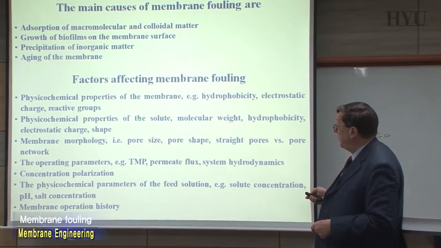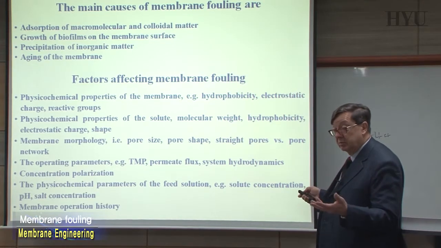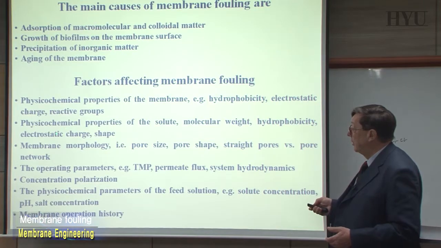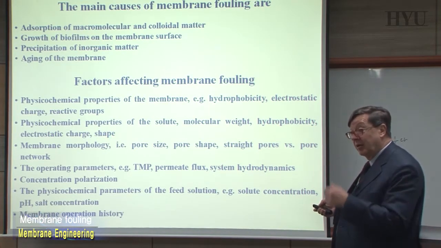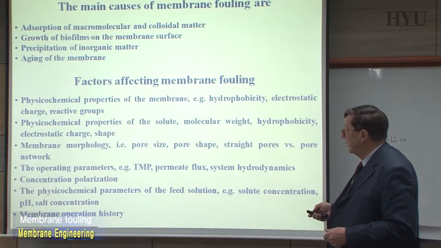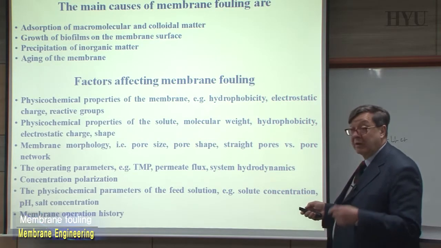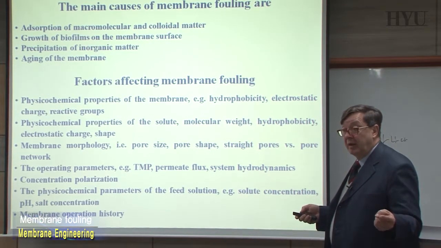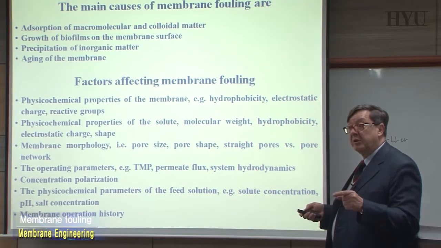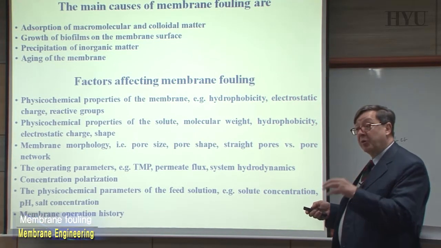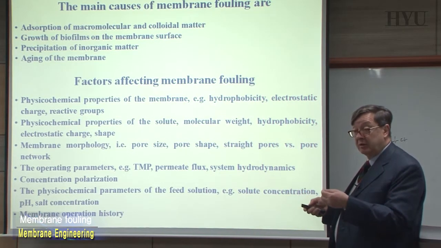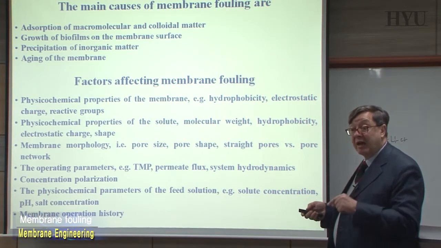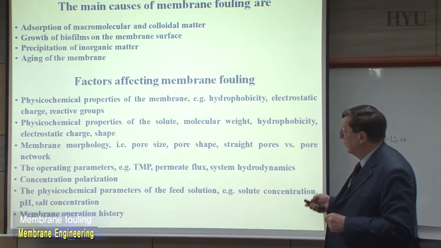Physicochemical property of the solute, that means chemical and physical properties, molecular weight, hydrophobicity, again charge, size of the species, is also very important. We will see that for some molecules, biomolecules particularly, the ionic strength of the solution matters. Do you remember, ionic strength means the product of the concentration, mole per liter, of your solutes, multiplied by the square of the charge of the ions forming your species.